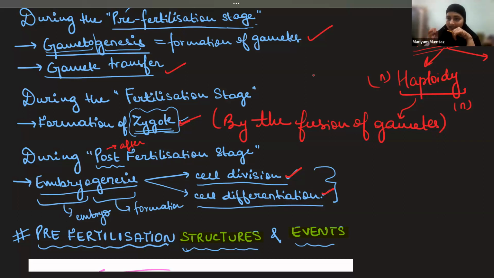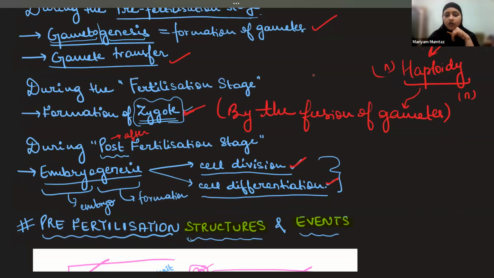Just like how gametogenesis was there, the genesis of the embryo will be known as embryogenesis. So embryo formation will take place. Cell division, cell differentiation, different activities will take place after fertilization has been done, and that is the post-fertilization stage. Clear? Yes.